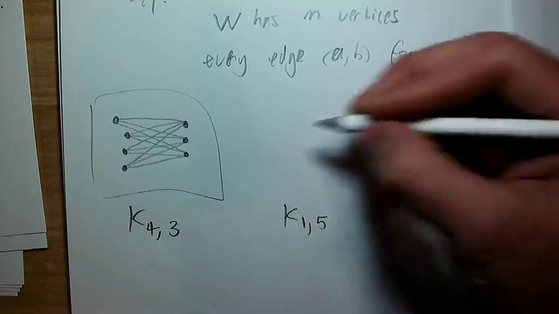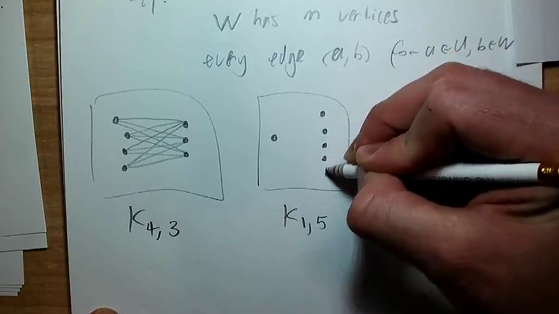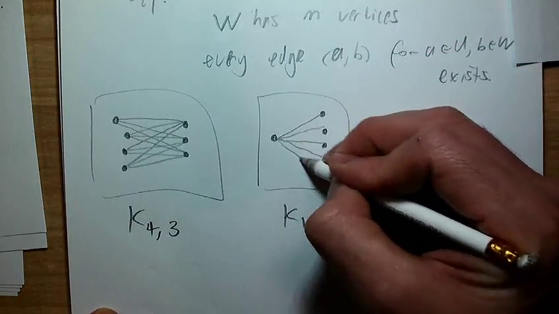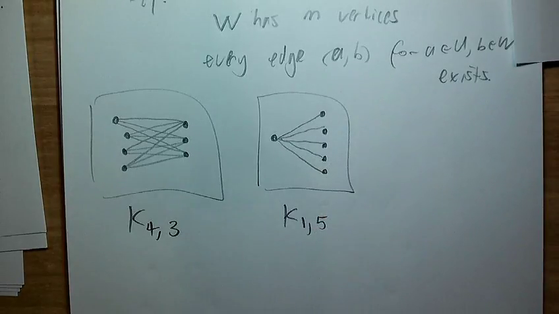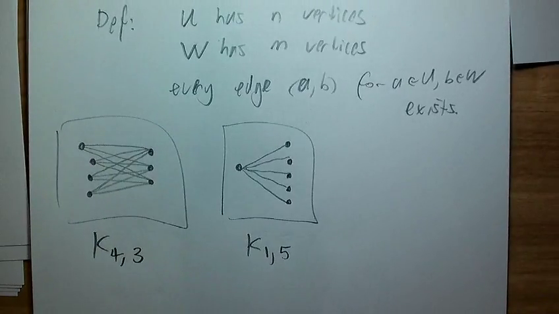K_{1,5} would be this, which is a tree, by the way. And so on. Basically, that's the deal. But if any one of those edges is missing that connects one side to the other, it's not one of these things. It's not complete.